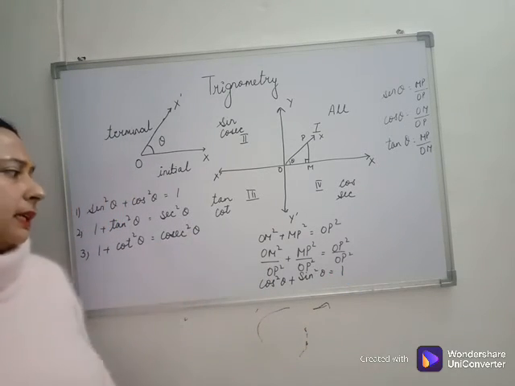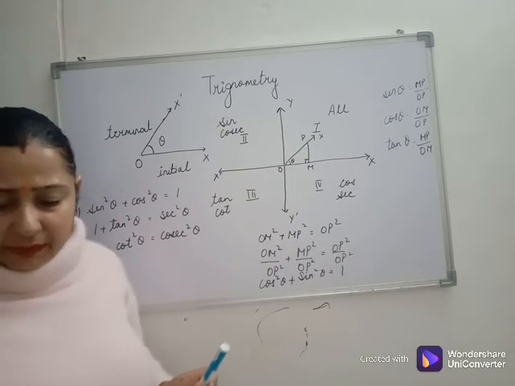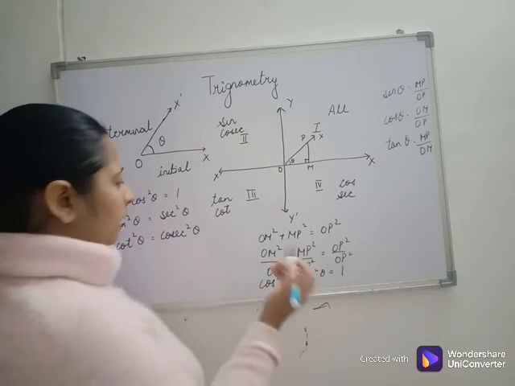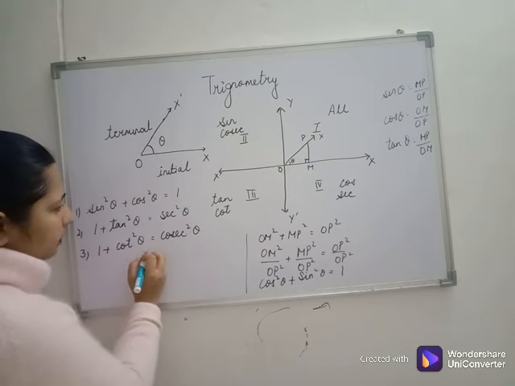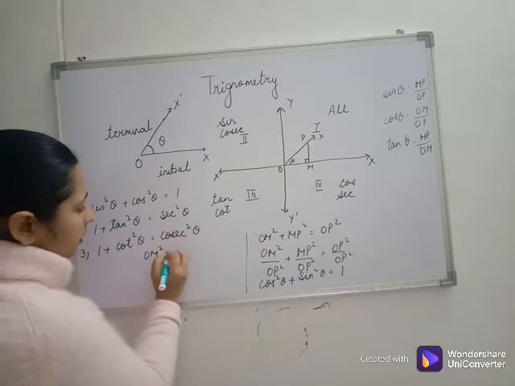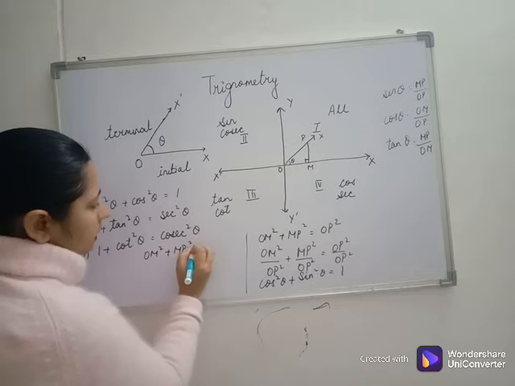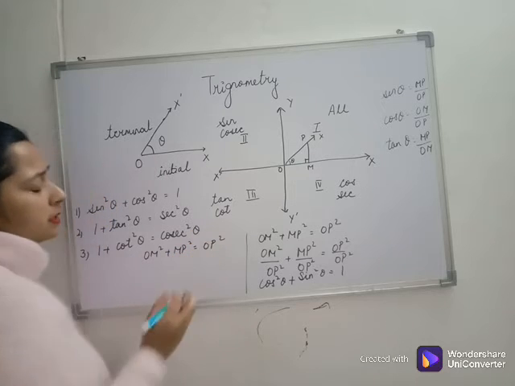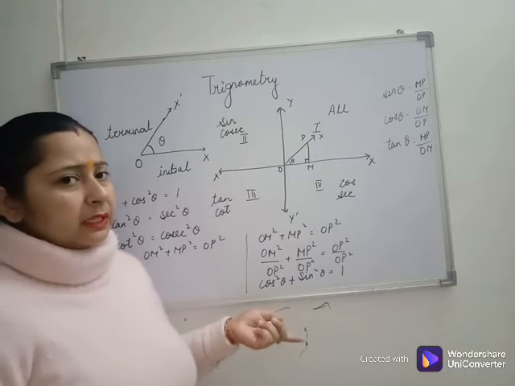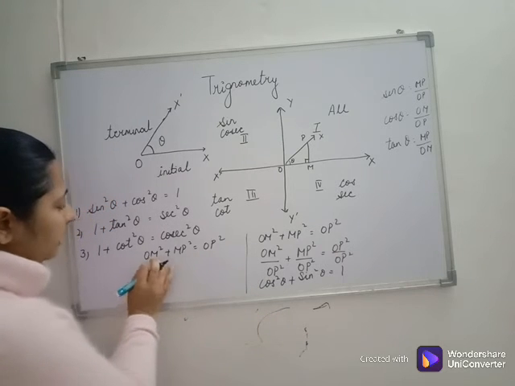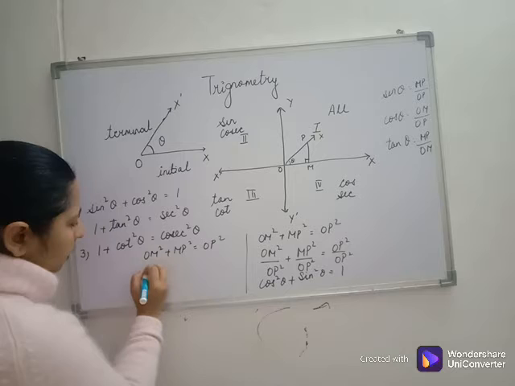Using the same identity, I am using over here now, OM square plus MP square is equal to OP square. This is a fact that we know and we have discussed in our previous classes. Now divided by OM square.